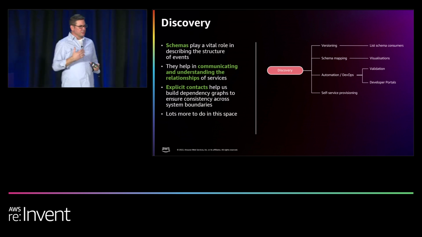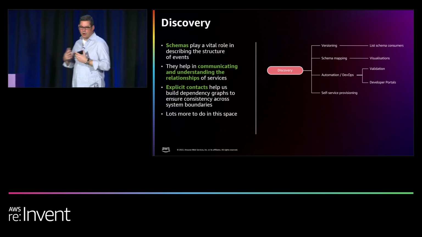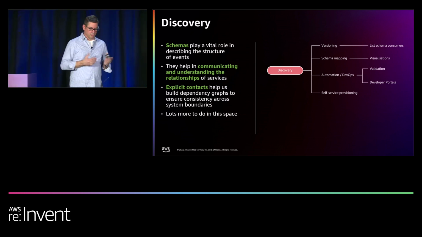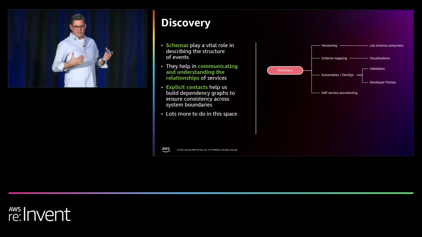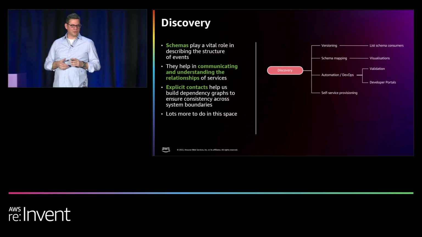Now, there's a lot of discussion today around event discovery, cataloging, and describing events for consumption across your organizations. And some of these capabilities already exist in EventBridge via schemas and the schema registries.